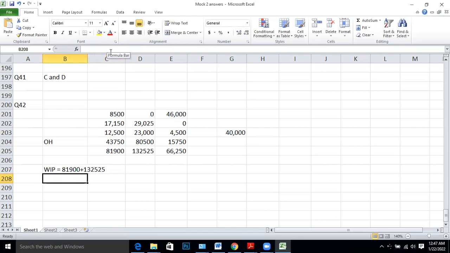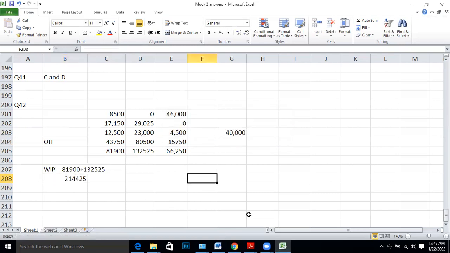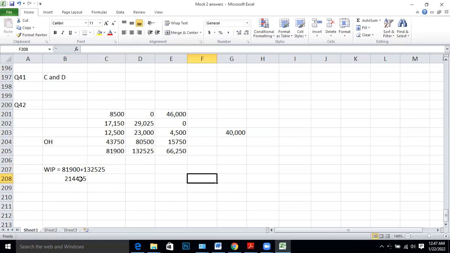Looking at them here, 81,900 plus 132,525, which is 214,425. Do we have that option? 214,425. Yes, option D is there.